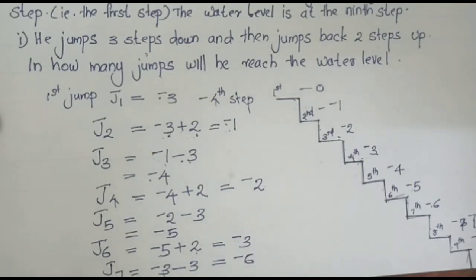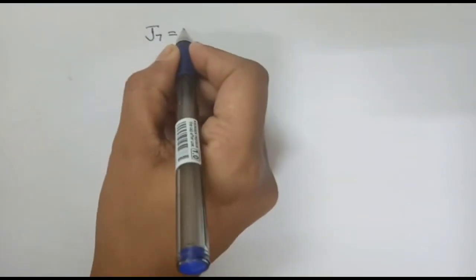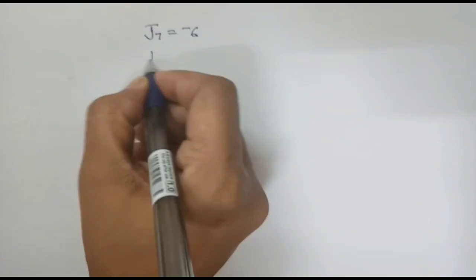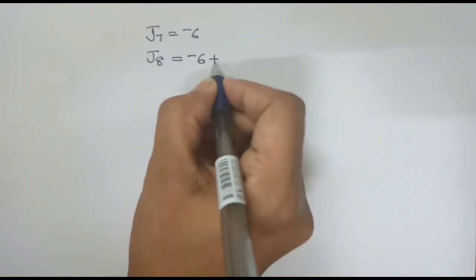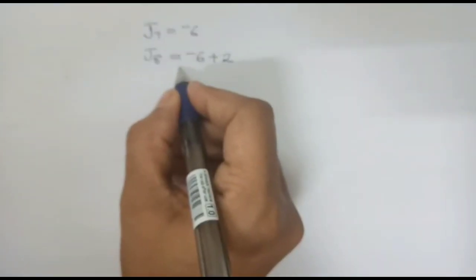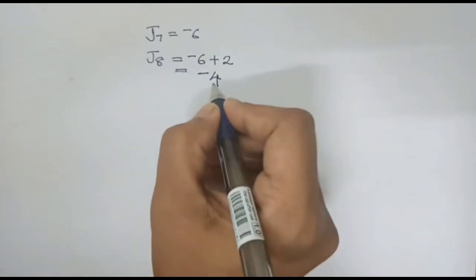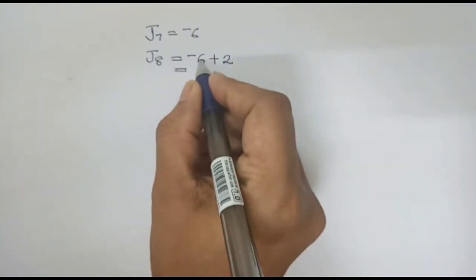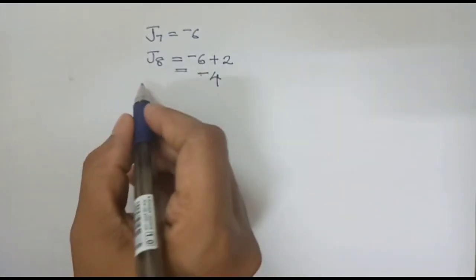So J7 equal to -6. Now J8 equal to -6 plus 2. Again 2 steps up, equal to -4. Sign of the larger number, which is 6, and we take the difference of 6 and 2.